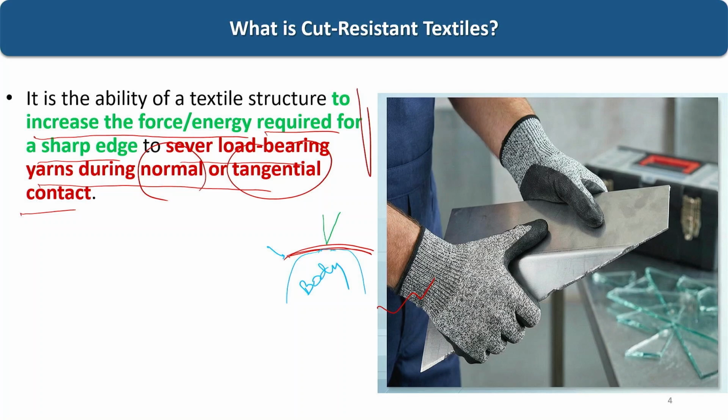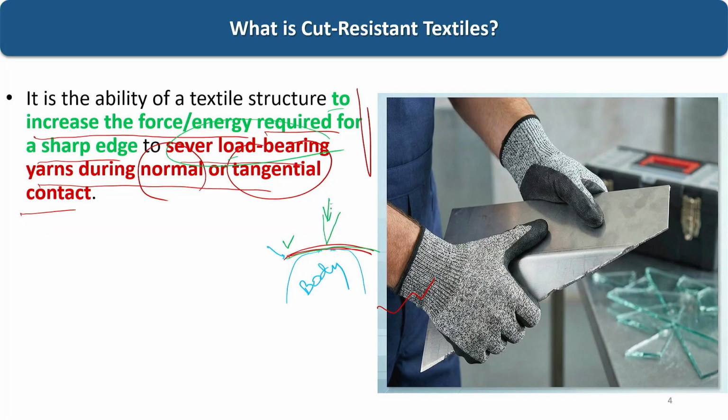Here we have to develop certain yarns or fabrics which will be difficult to cut, and that will increase the energy required by the sharp edge to cut. So, that type of yarn we use to increase the energy required to sever the load bearing yarns.